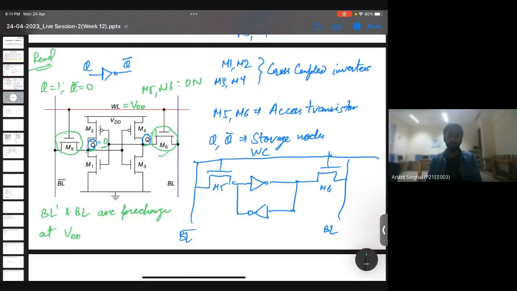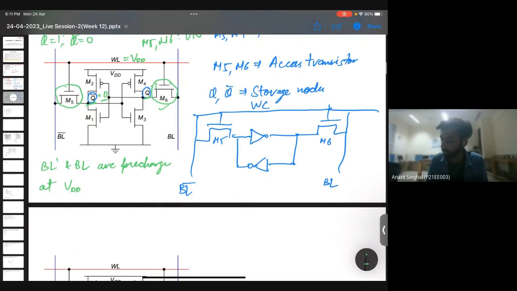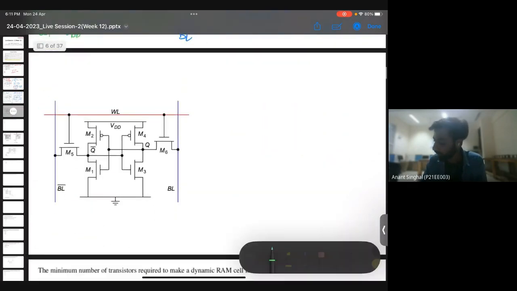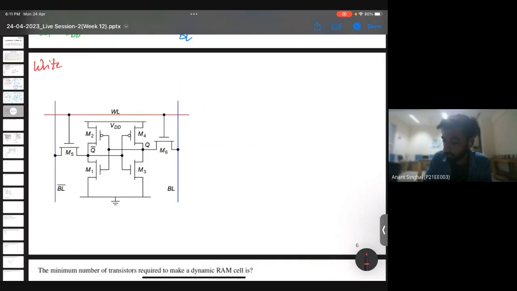I'm covering quite the basics of it. You can refer to the lecture notes also for more details. And there is the last operation, which is the write operation. In this also we make the word line VDD, and we make the bit line bar VDD, and the bit line is ground.